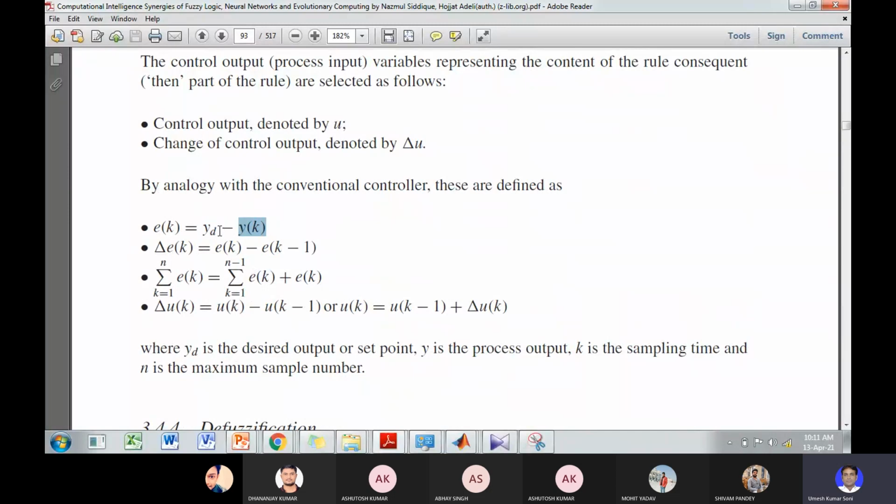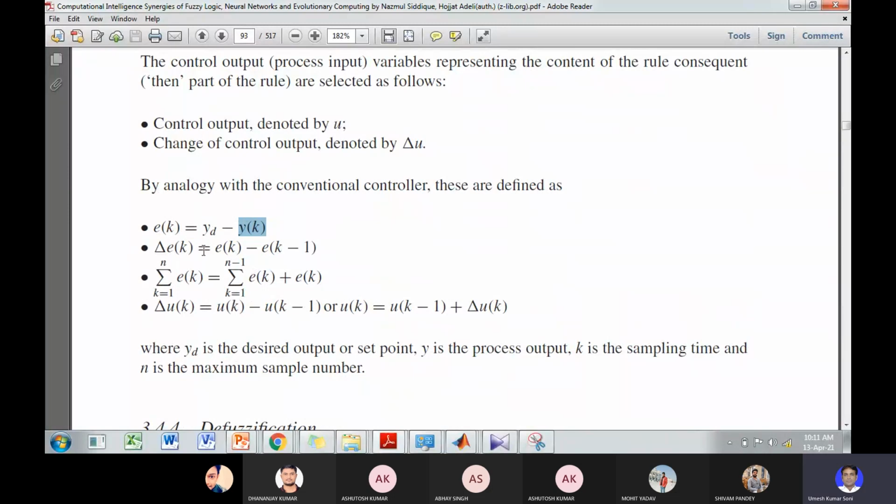Suppose we have the reference voltage and the actual voltage of the converter is Vk, and Vd is our reference voltage. Then the error will be Vd minus Vk.